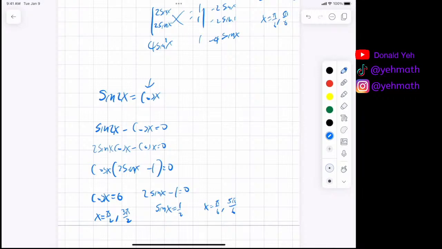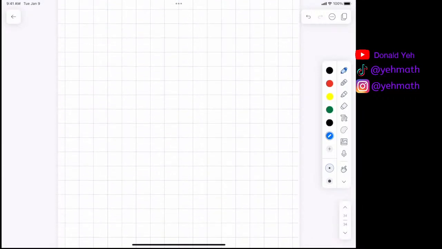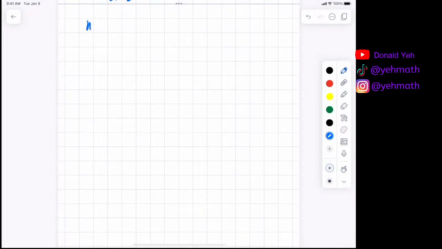Okay. Now I'm going to talk about today's stuff. Today we're going to talk about multiple angle trigonometry equations. I'm going to show you this question versus this question. The last question we talked about is this, right?